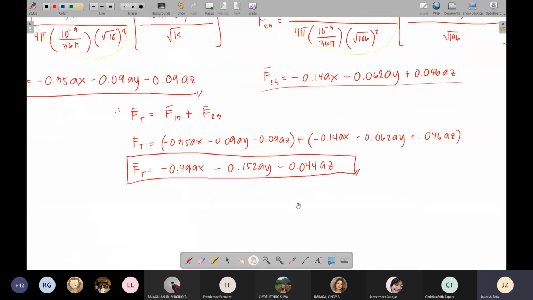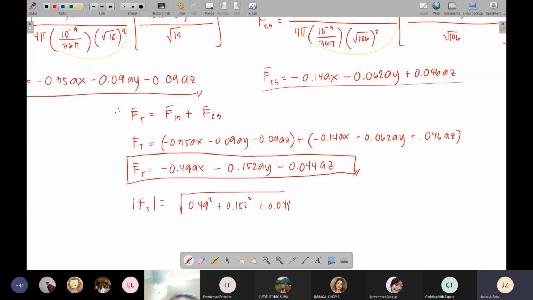Okay? What if, sir, ang magnitude lang sa force total ang pangitaon? Okay? So kung magnitude lang, same gihapon nga process. You have to get the vector. Then, ang pag-get sa magnitude, same rapod nga process. Magnitude sa imong force total would be square root of 0.49 squared plus 0.152 squared plus 0.044 squared.